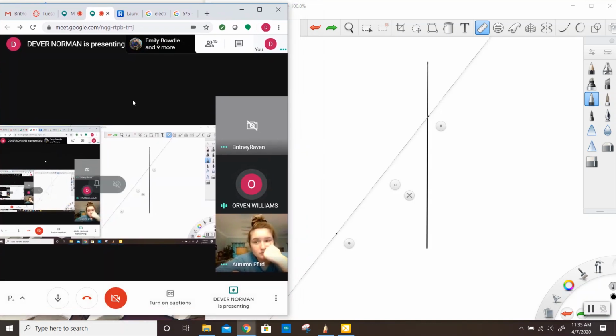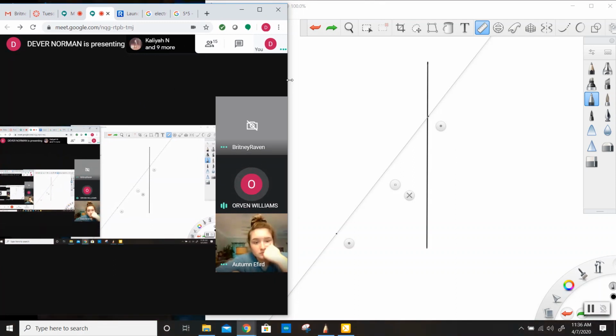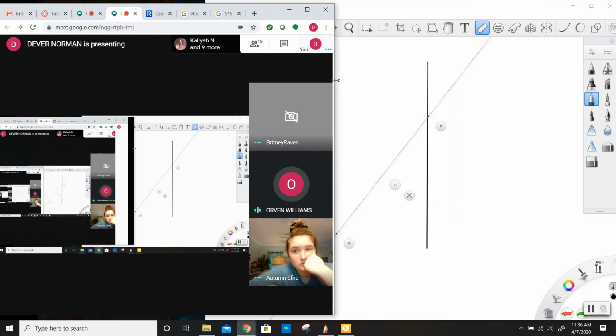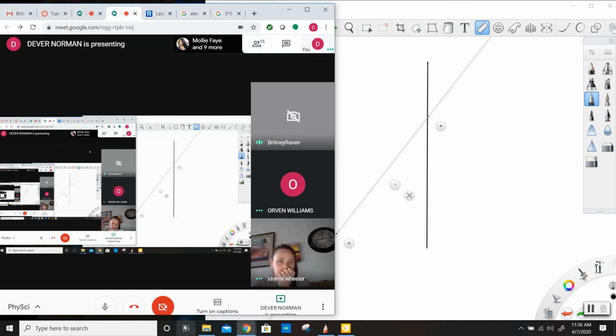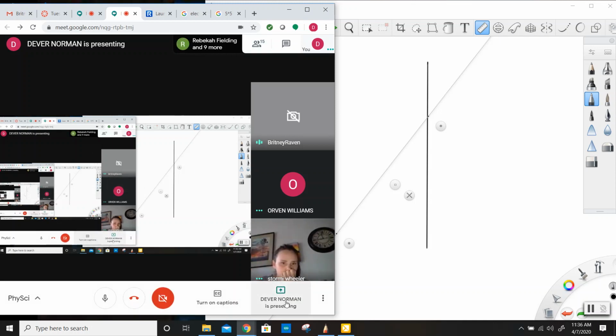Have you changed your view? It should force the presentation. Students, you can go in and change your view. At the bottom of your screen, on the very right, there are three dots at the corner and it says more options.